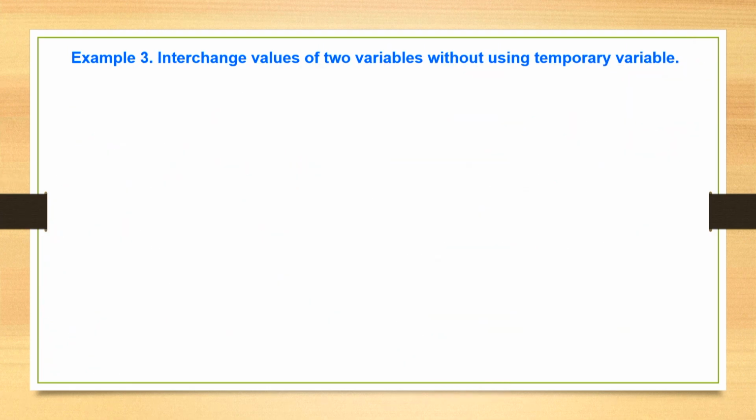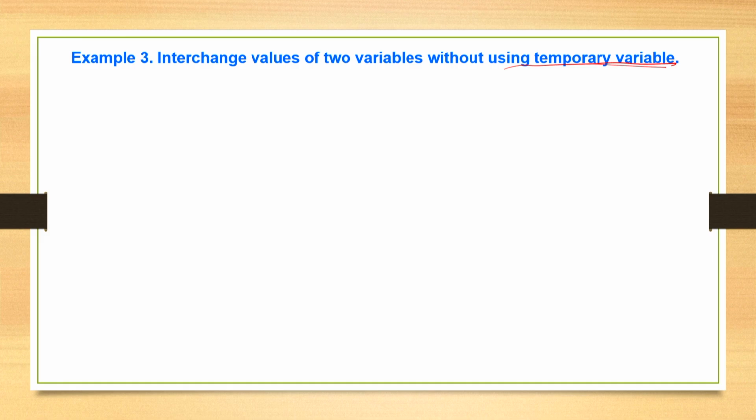Again we will do the same problem, but here we won't use the temporary variable. In the previous case, we interchanged the values of two variables by using the temporary variable. Now, this is the problem. The problem says you have to interchange the values of two variables without using the temporary variable.